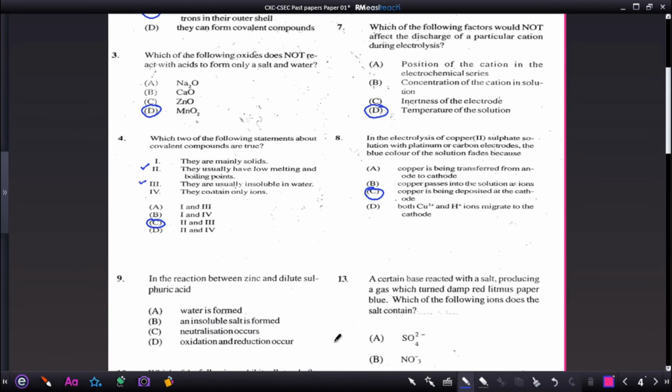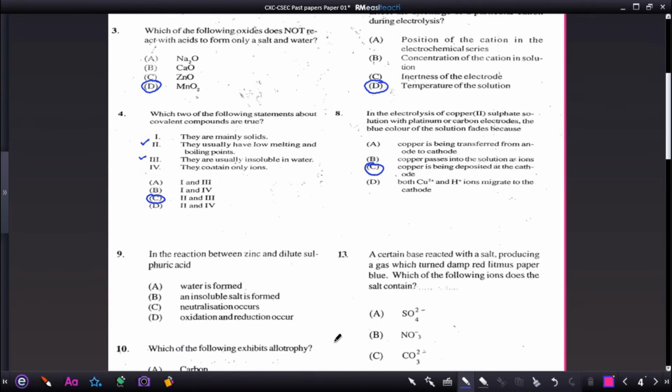Question 9. In the reaction between zinc and dilute sulfuric acid, is water formed, is an insoluble salt formed, does neutralization occur, or do oxidation and reduction occur? Remember that metals react with acid to form the salt and hydrogen gas, right?